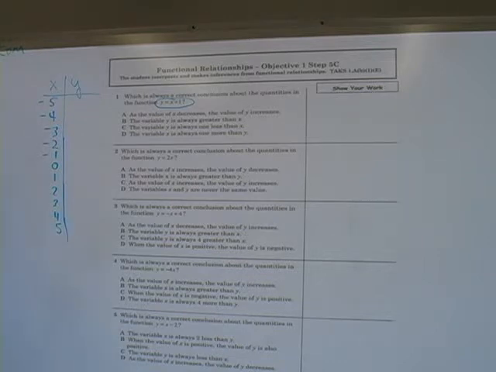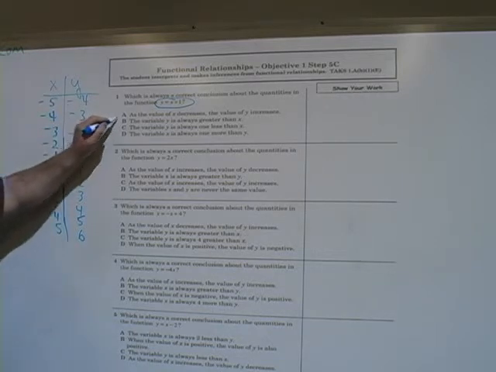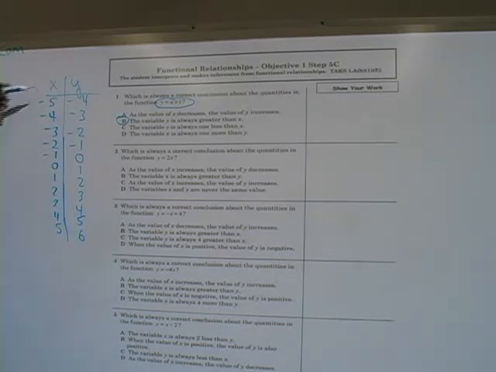So you look at those x values and the corresponding y values. Okay, that's what your table should look like on number 1. And from that, you should see that answer B, the variable y, is always greater than x.